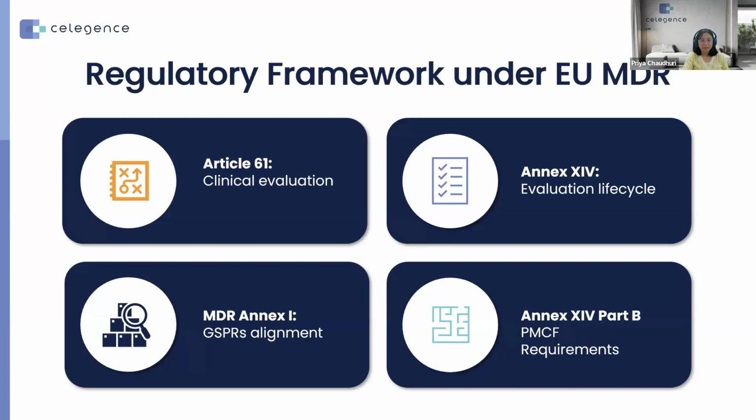If we cannot rely on equivalence or existing data, we will need to have our own clinical investigations. Next is Annex 14, which comprises Part A and Part B, and outlines how clinical evaluation should be conducted and maintained.